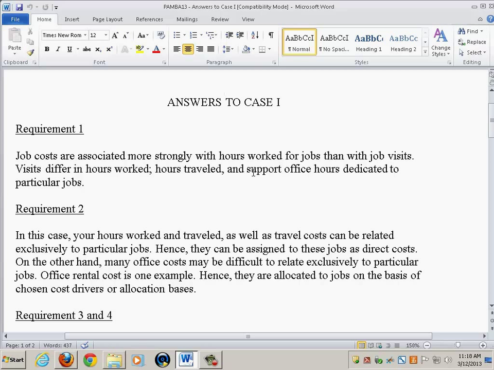So obviously the rental costs are indirect. Sometimes it's straightforward to identify which costs are direct and indirect, and sometimes it's not easy. Some of the costs in a certain category may be direct and some of the costs may be indirect.